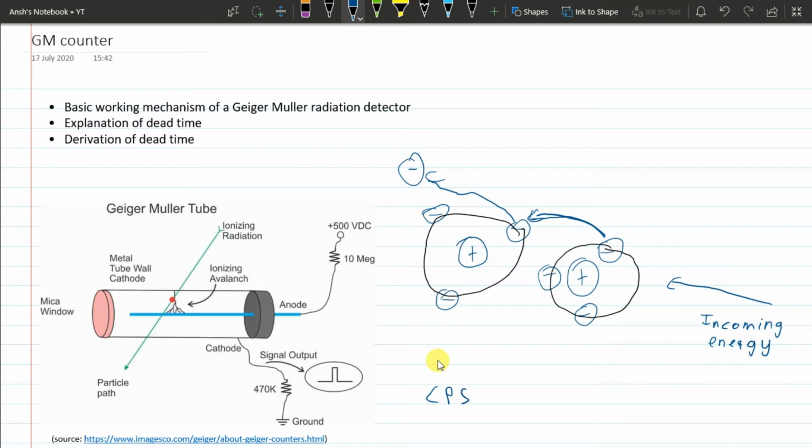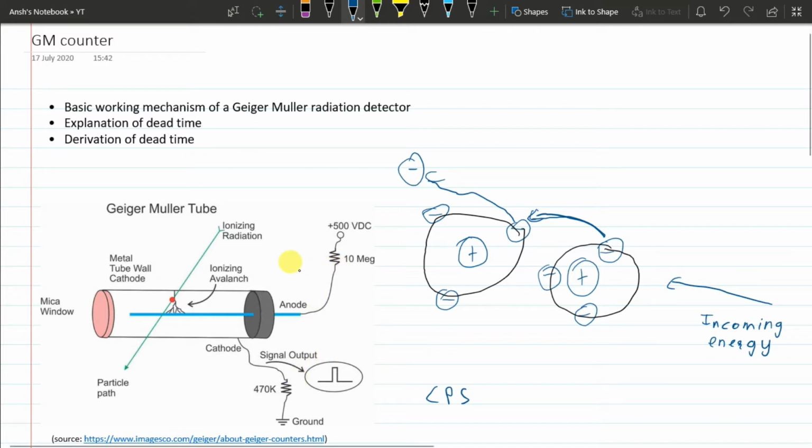A characteristic of the Geiger-Müller tube is that we get outputs in sort of these step functions, if you like to call it that. This is how one single ionizing radiation source gives rise to one output right here. Then you have another source, you'll get another output. So this is how the Geiger-Müller detector works.